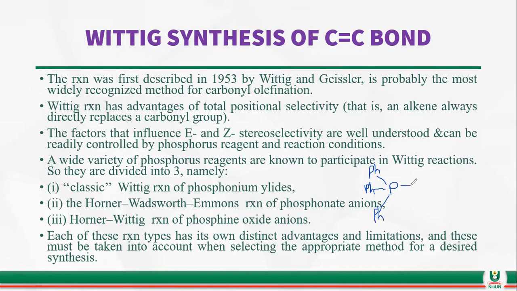If such phosphorus is linked to a carbon, for example, the phosphorus will carry the positive charge, the carbon will carry the negative charge. So these two atoms adjacent to each other, the phosphorus and the carbon, have positive and negative charges that hold them together in that attraction. This is what is called an ylide.